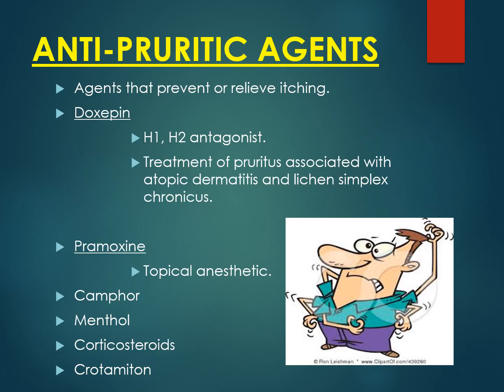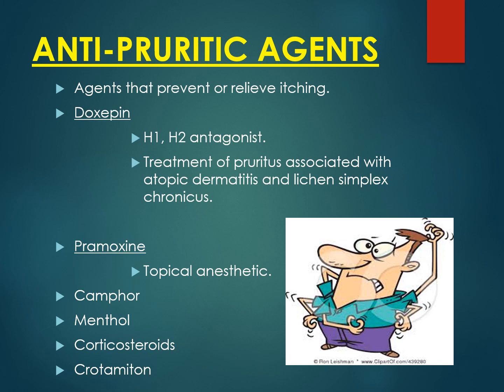We have antipruritic agents. As you all know, what is pruritus? That's extreme itching. So these agents prevent or relieve the itching. Okay, so we have antihistaminic drugs like H1 antagonists, and treatment of pruritus is associated with atopic dermatitis and lichen simplex chronicus. And we have certain drugs like topical anesthetics.